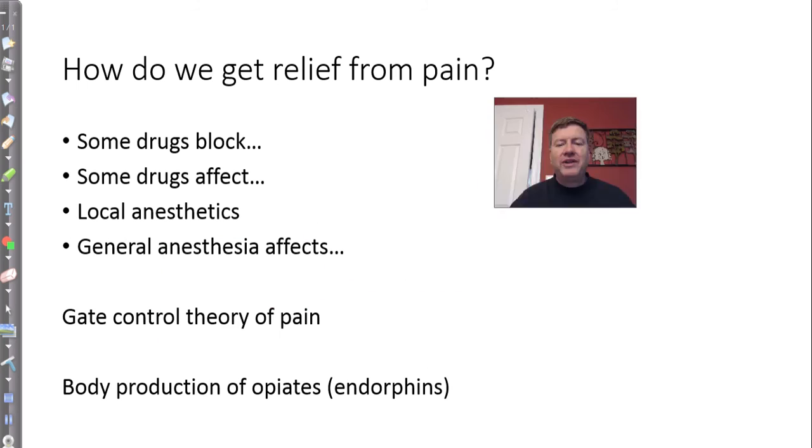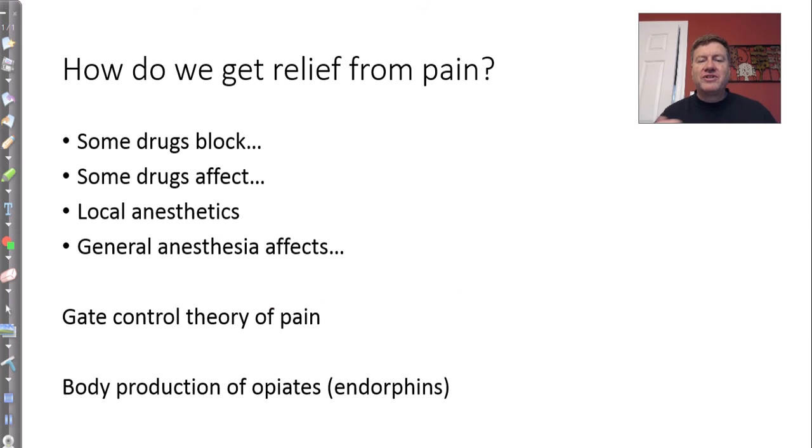Well, how do we then get relief from pain? What are some of the ways that drugs do work? Some drugs actually block the generation of pain signals, and that deals with anti-inflammatories. They actually deal with those chemicals that are generated by cells that are damaged.